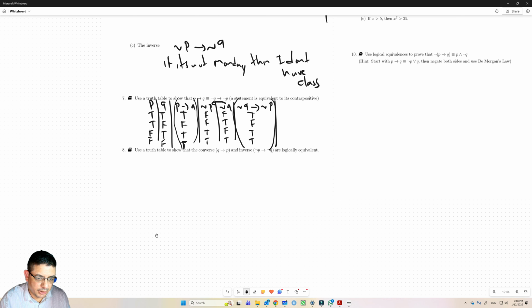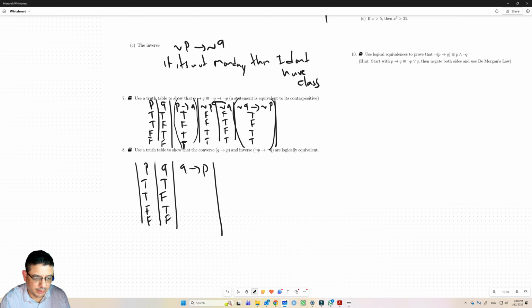So now let's build a table for the converse and inverse. So we start with P and Q, as usual. True, true, false, false, and then true, false, true, false. Then we have Q implies P, going in this direction, so true implies true is true.